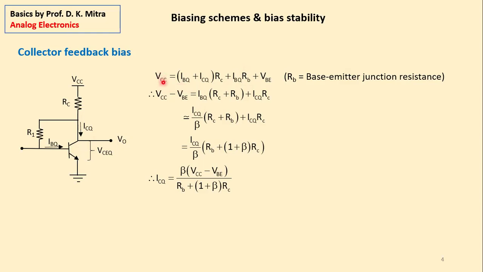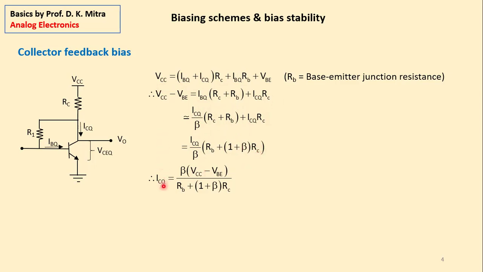So from this equation, you find VCC minus VBE is equal to IBQ plus ICQ into RC, plus IBQ into RB. And IBQ can be written as ICQ by beta, so ICQ by beta times RC plus RB, plus ICQ RC. So ICQ by beta is, we have RB plus 1 plus beta RC, because this beta will be multiplied here, 1 plus beta RC.